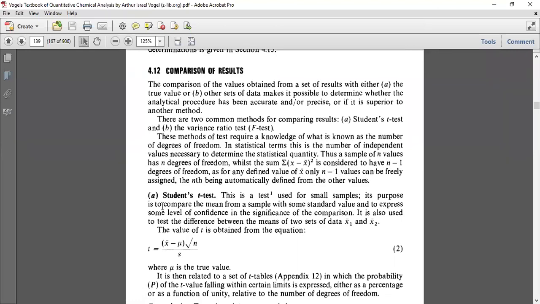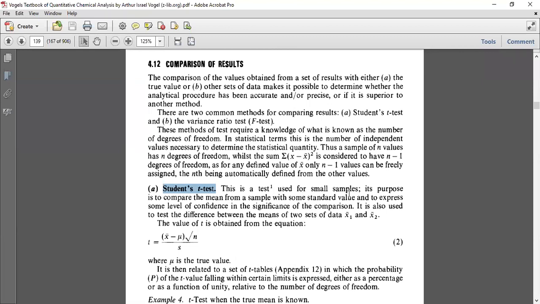Then we have seen about this students t-test, isn't it? This is a test used for small samples. Its purpose is to compare the mean from a sample with some standard value and to express some level of confidence in the significance of the comparison. It is also used to test the difference between the means of two sets of data, x1 bar and x2 bar. Suppose you have two sets of values, titration readings. For example, one person is doing titration, he has 3 values.